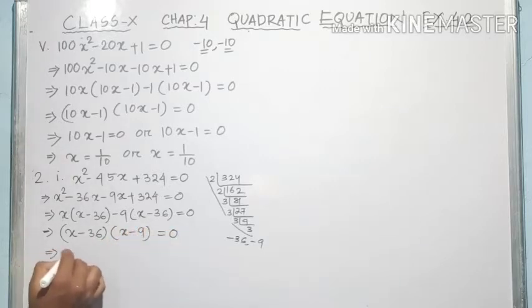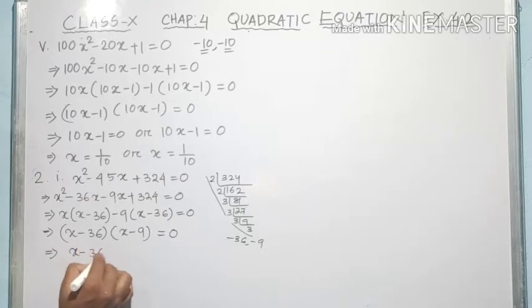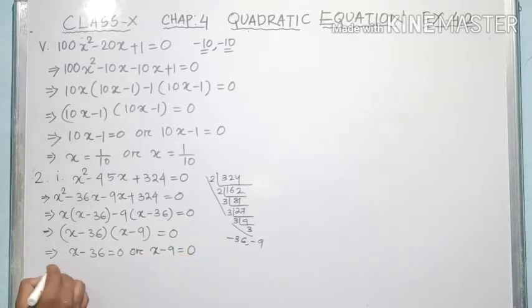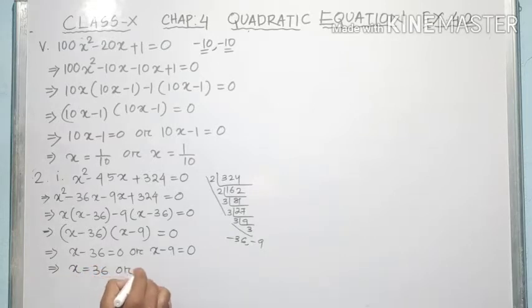So x minus 36 is equal to 0 or x minus 9 is equal to 0. Implies that x is equal to 36 or x is equal to 9. So these are the two roots of that quadratic equation.